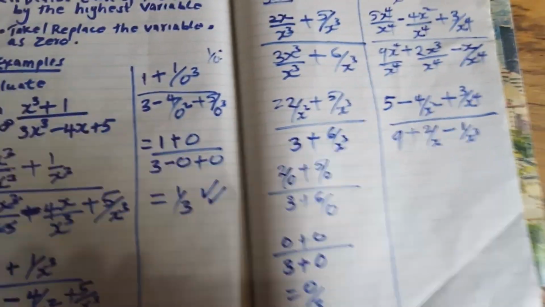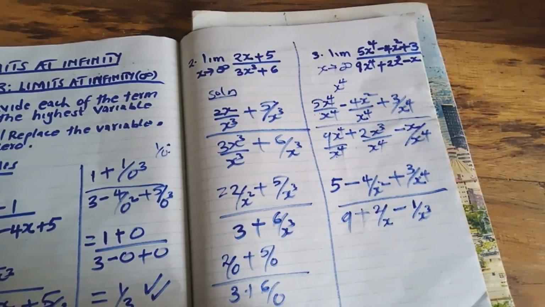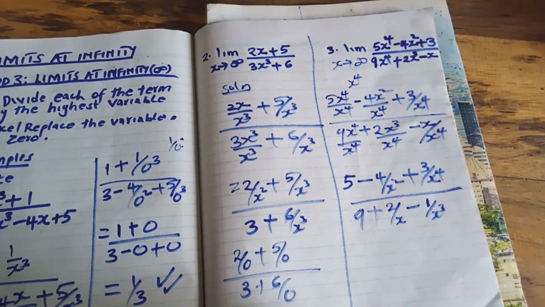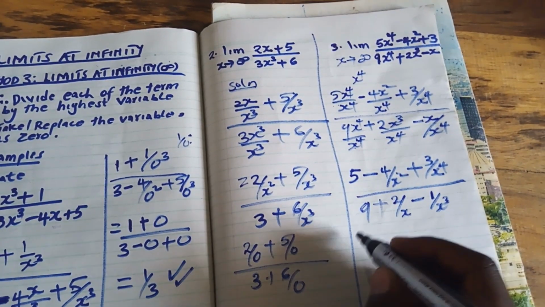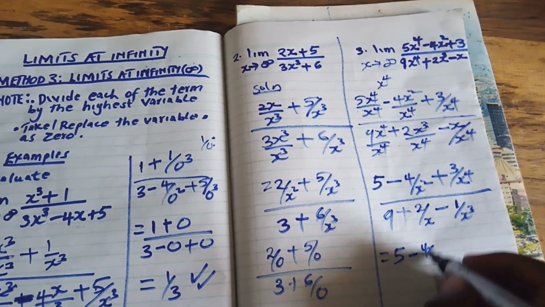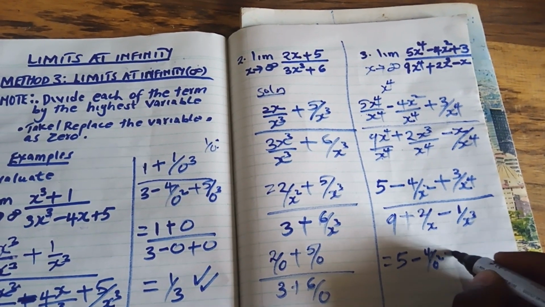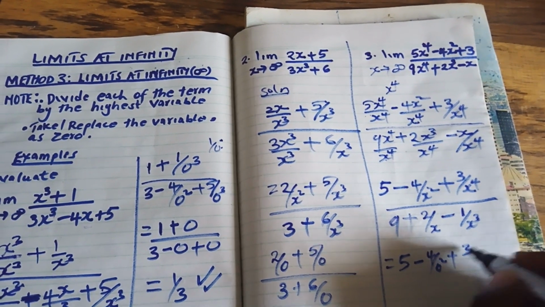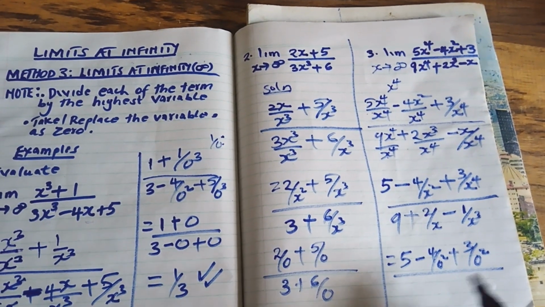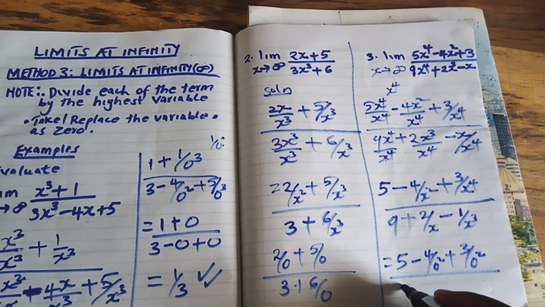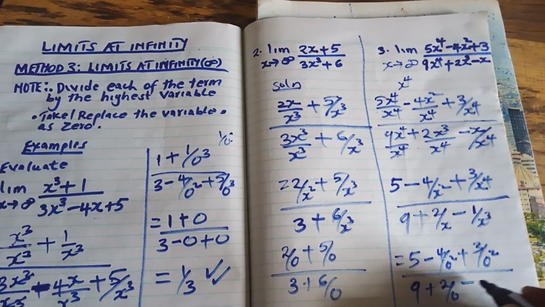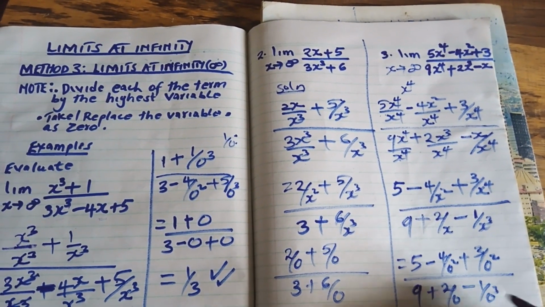Then the last step, we have to replace the value of x as 0. Then this is going to be 5 minus 4 out of 0 squared plus 3 out of 0 to the power 4, over 9 plus 2 out of 0 minus 1 out of 0 cubed.